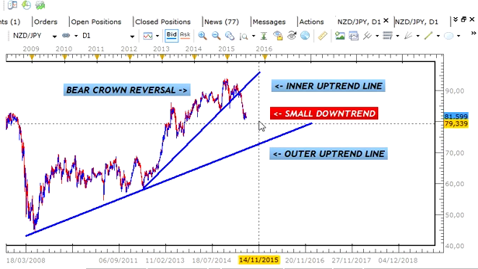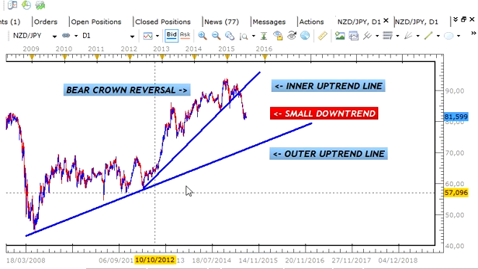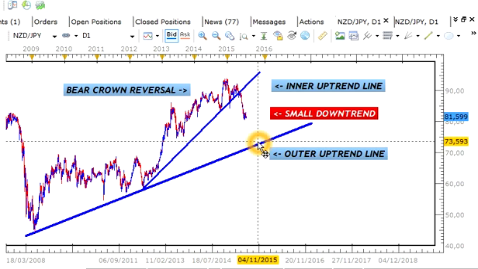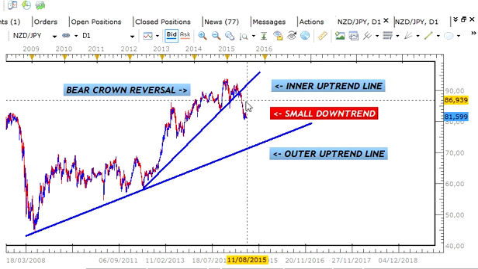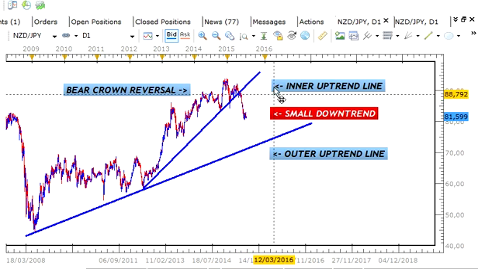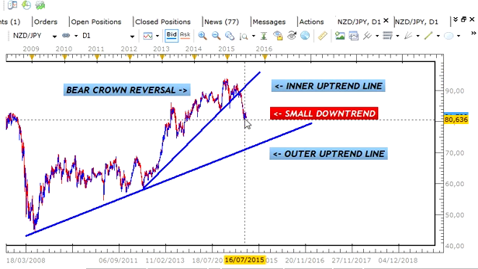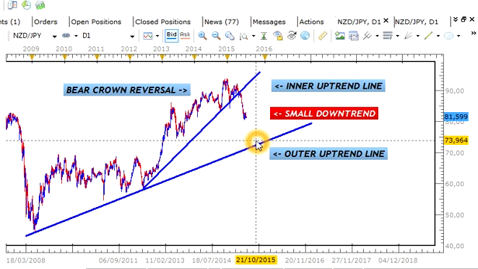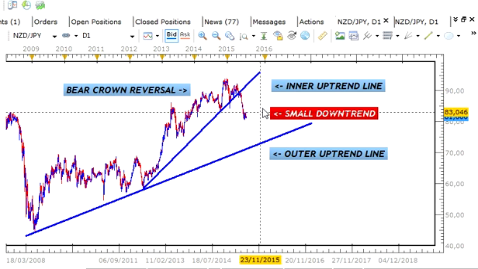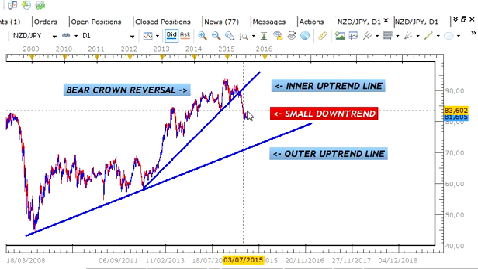Now, theoretically speaking, as long as we're still above any trend line, there's always a possibility that we could see a resumption of the existing trend. So even though we're more likely to see the market continue towards this area here, we must bear in mind the possibility of a resumption of this uptrend.